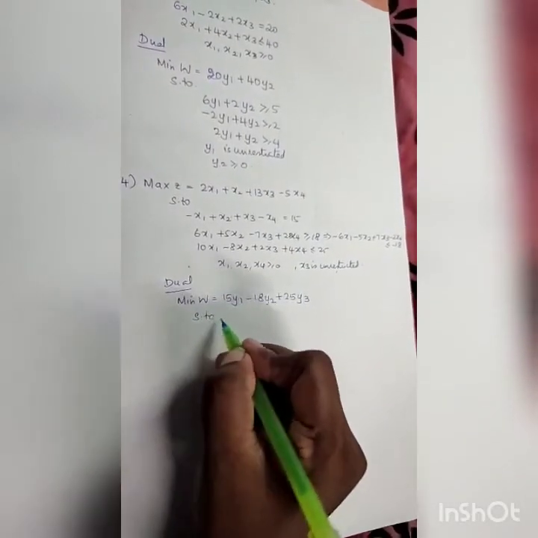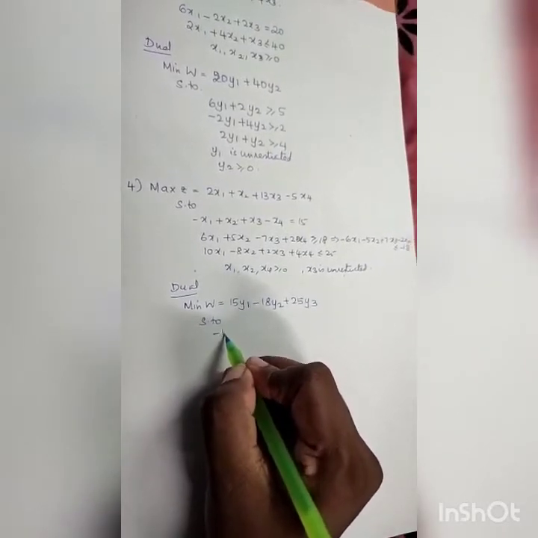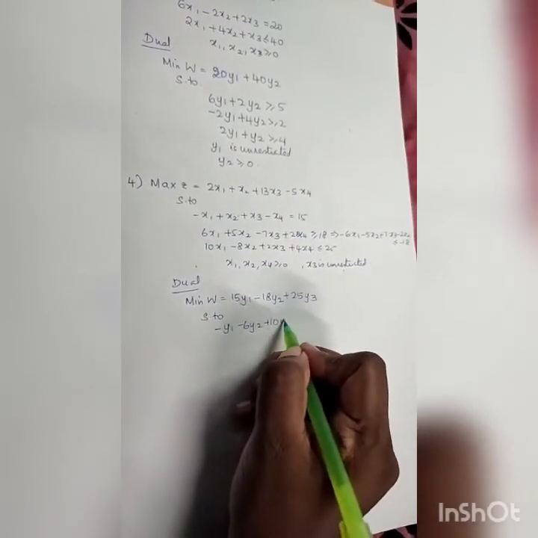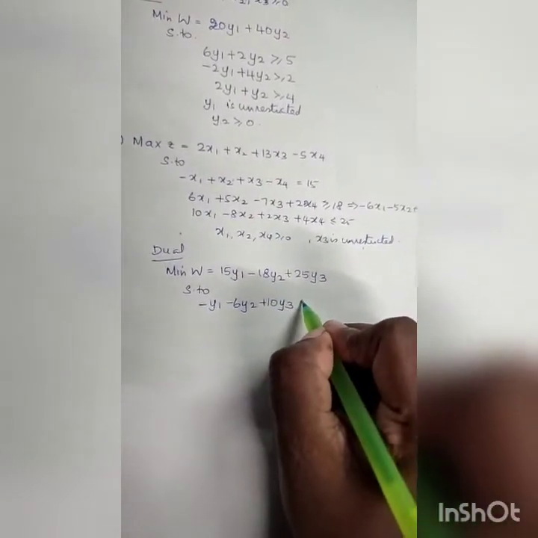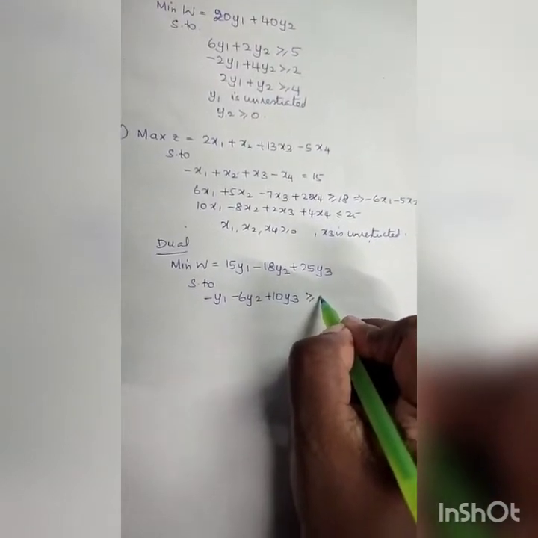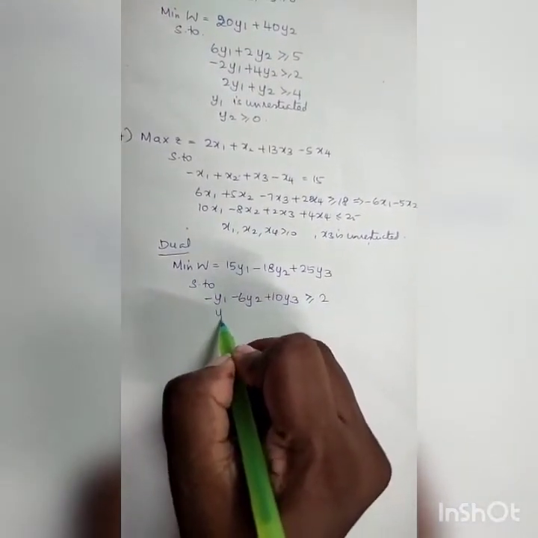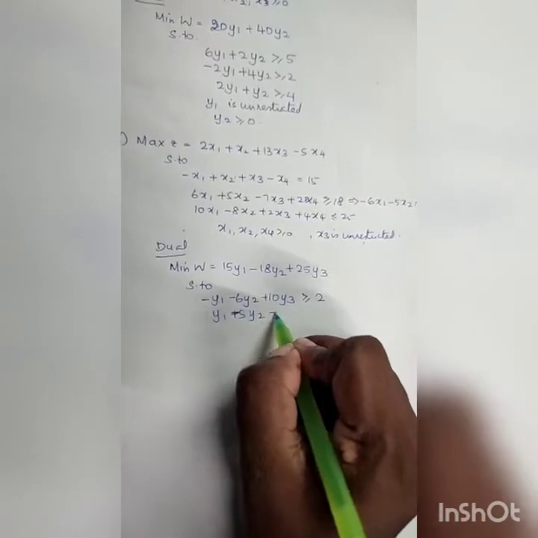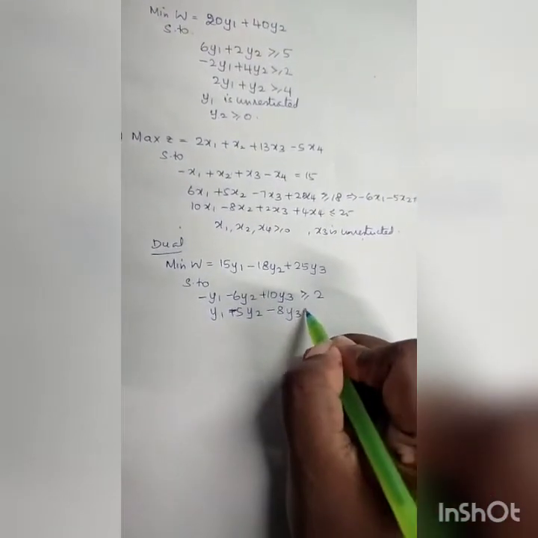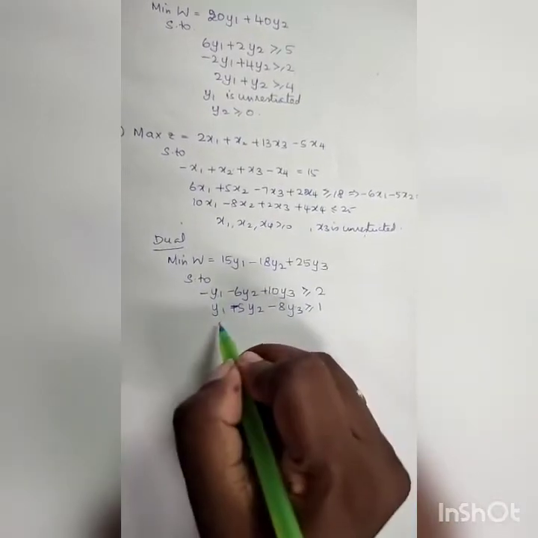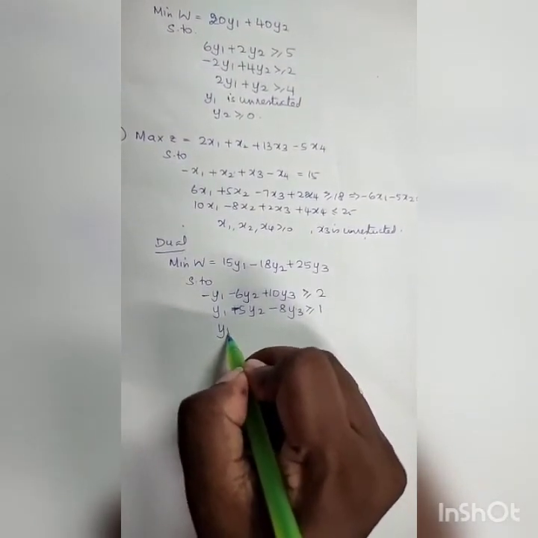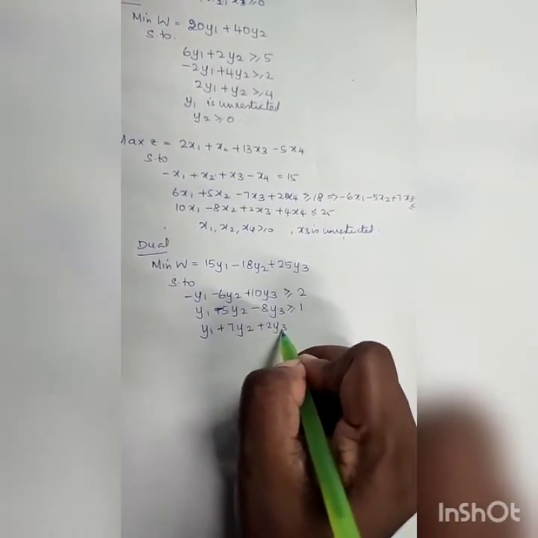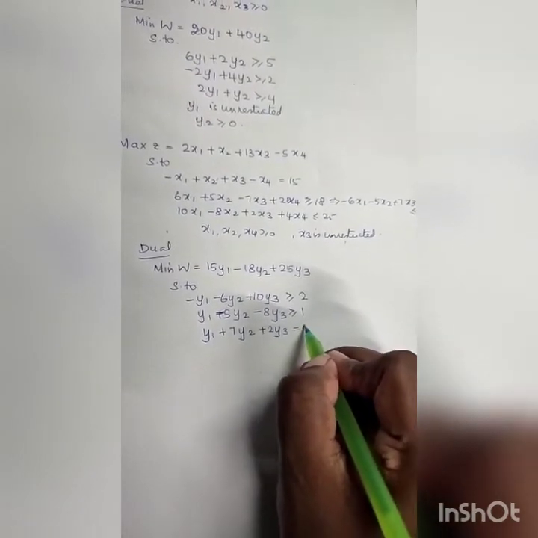Now subject to constraints, I have minus y1 minus 6y2 plus 10y3, which is greater than or equal to 2. Second one is y1 plus 5y2 minus 5y2 minus 8y3 greater than or equal to 1. Then the third one, y1 plus 7y2 plus 2y3, which is equal to 13.